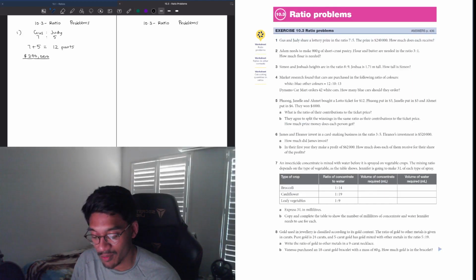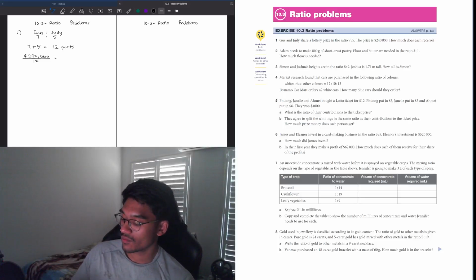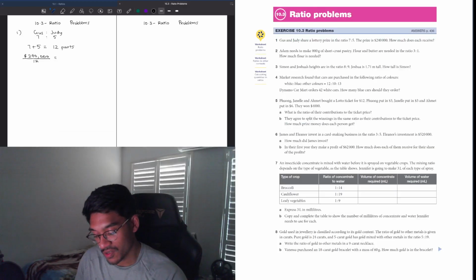That gets divided by 12 different parts. Pop that in my calculator. $240,000 divided by 12. So that means that one part is worth $20,000.